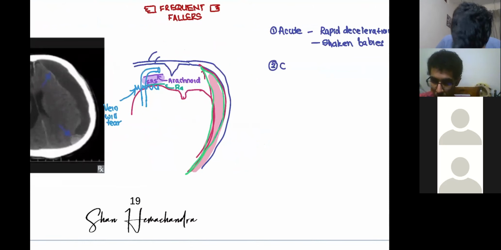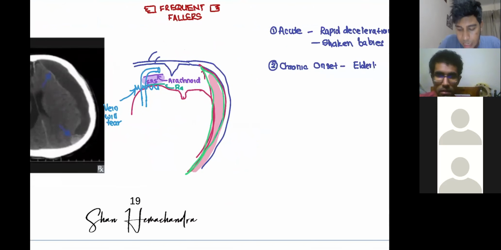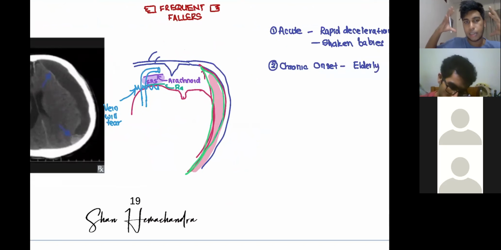The other one is chronic onset. Why is this important? Because in elderly people, over time, the brain shrinks. The brain capacity goes down. Right now, that is a big issue in the American presidential election. Basically, these people have brains that are floating around more.